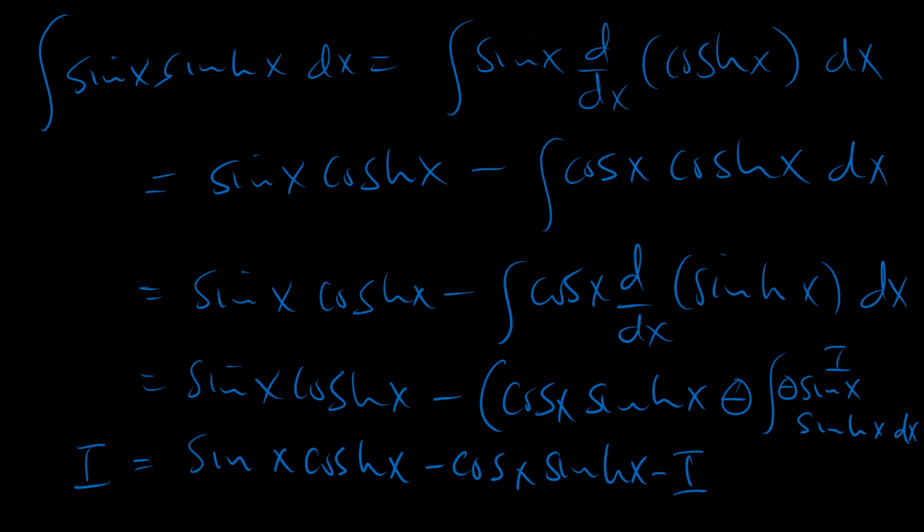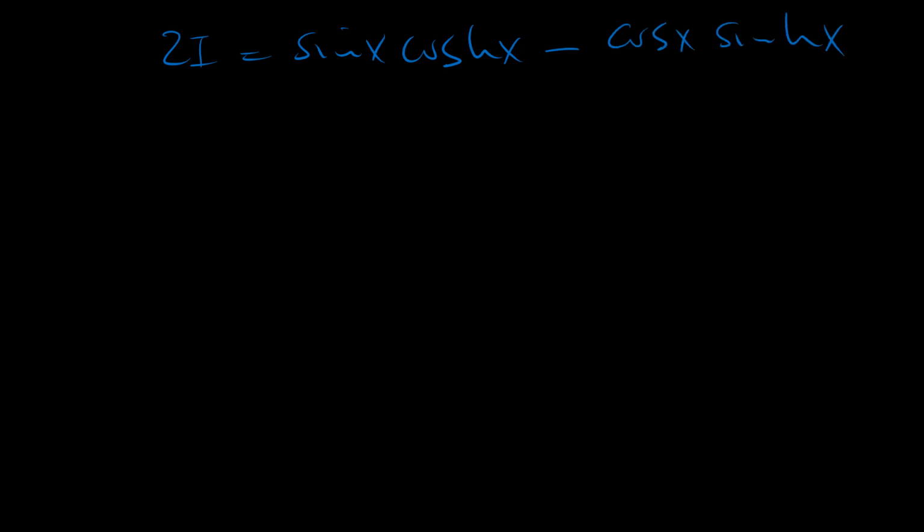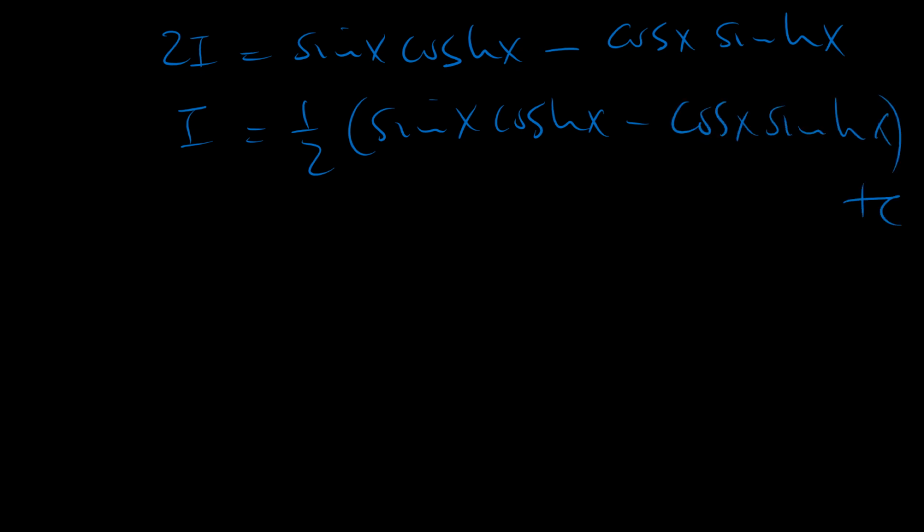So what we have is 2I equals sine x cosh x minus cos x sinh x, and therefore I equals a half of sine x cosh x minus cos x sinh x plus the integration constant.